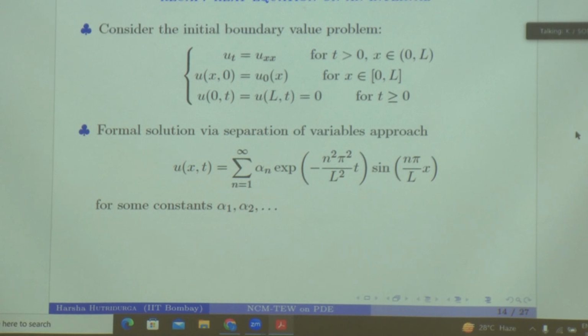Then, if there is only one solution to that problem, and if we manage to find these functions which solve that, then this is the guy. Okay. So there is no need to look down upon the method of separation of variables. You see, anything works. Like you are after a function which solves the given differential equation and satisfies the data. It doesn't matter which method you take, as long as you justify whatever you have done eventually.